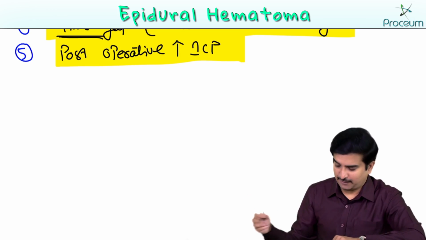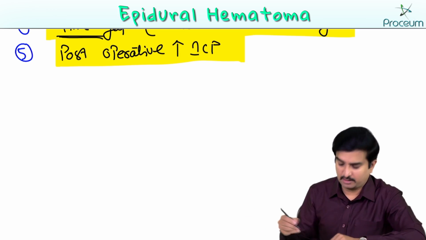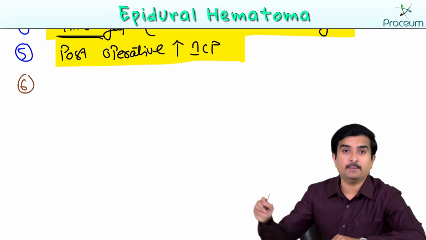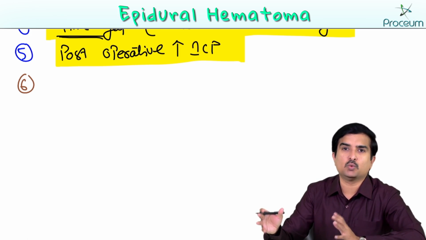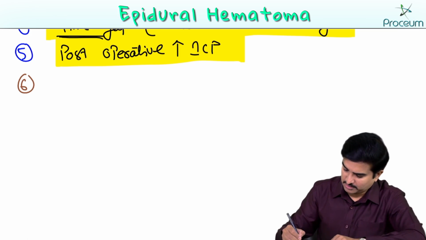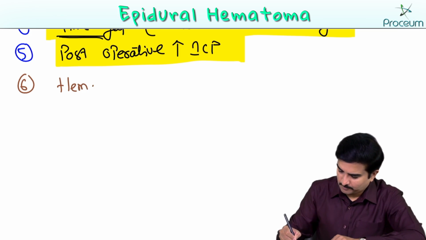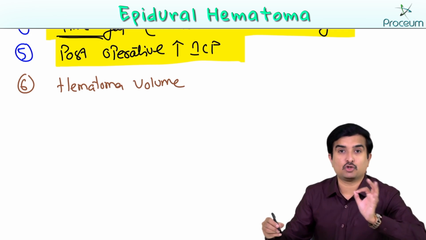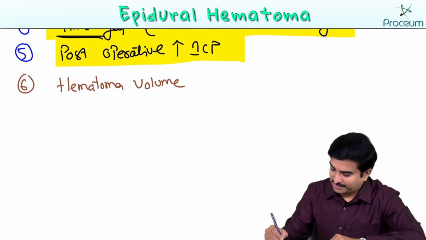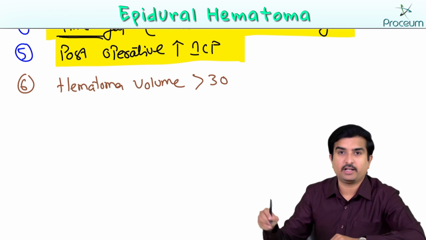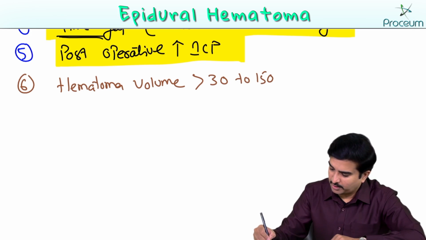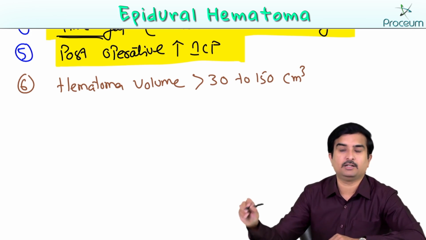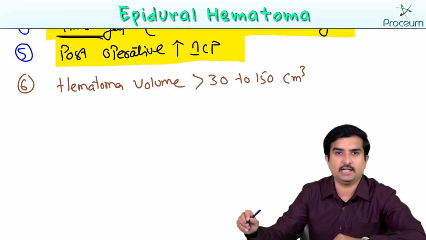Another point is a hematoma volume greater than 30 to 150 cubic centimeters. Whenever it is greater than 30 to 150 cubic centimeters, it is considered a poor prognostic indicator.